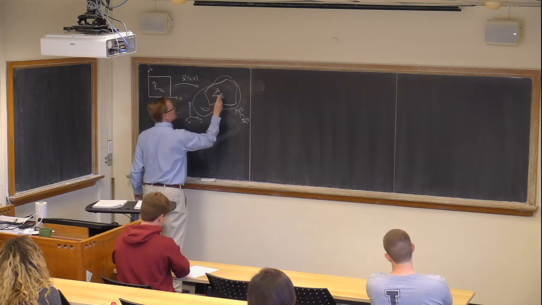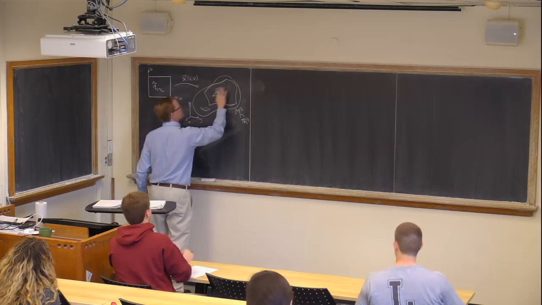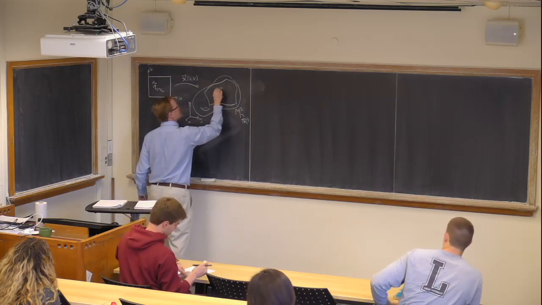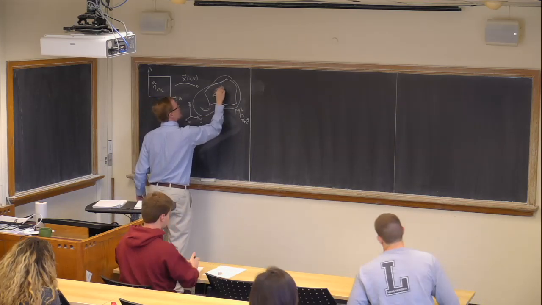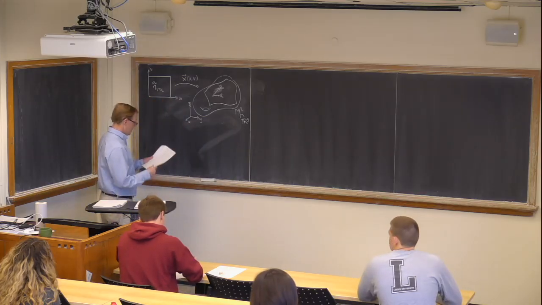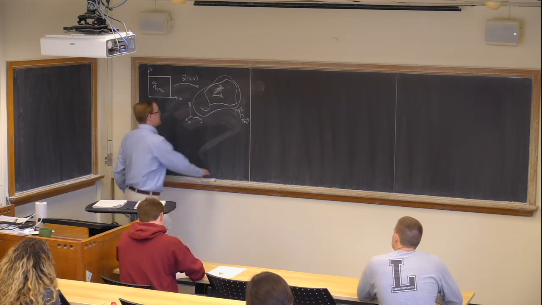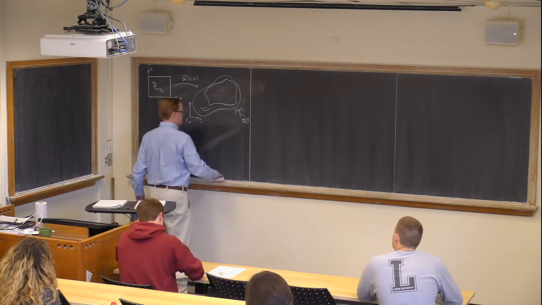And they don't have to have length 1, by the way. These vectors here have length 1. These vectors here could have any length, and the angle between them doesn't have to be 90 degrees either. And that's xu and xv. But let's go ahead and assume that they are perpendicular. Okay. It's just for convenience.